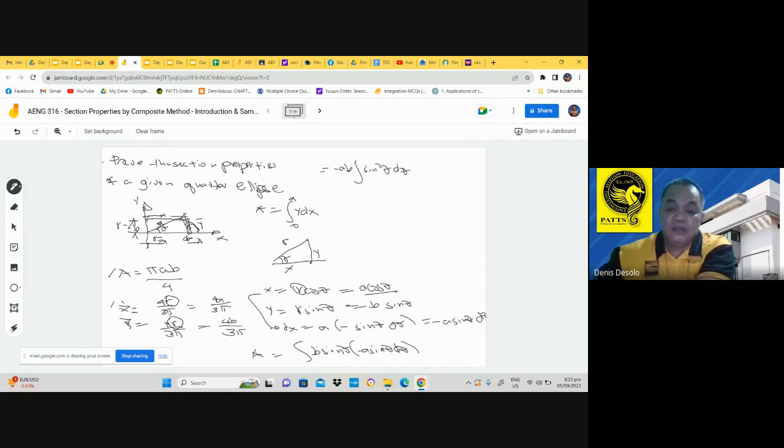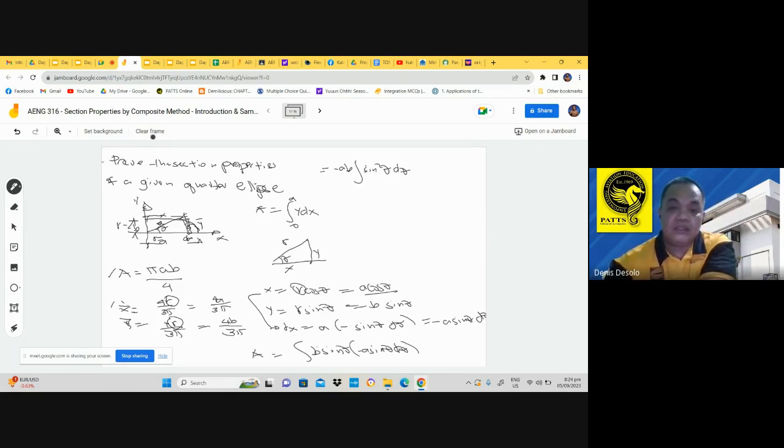Differential of theta. Now, how about the limits? The limits for x is a and 0, but that is only applicable for x. We need the limits for the new variable. Since we make use of the limits for x, we need to use the expression which shows the relationship between x and theta.